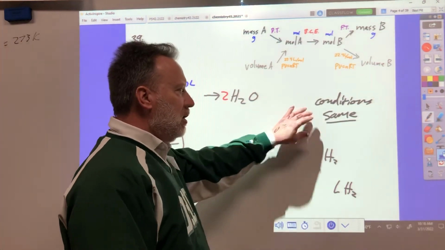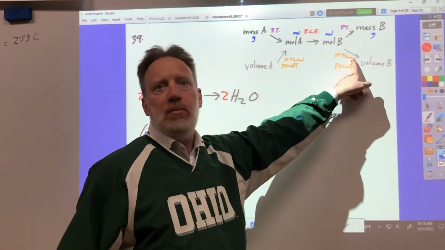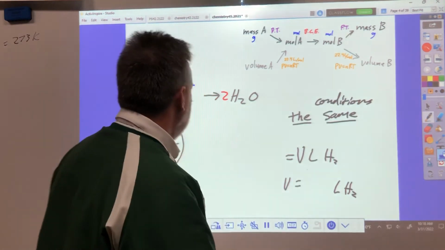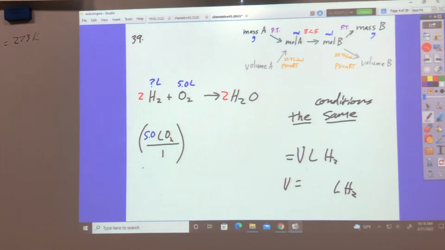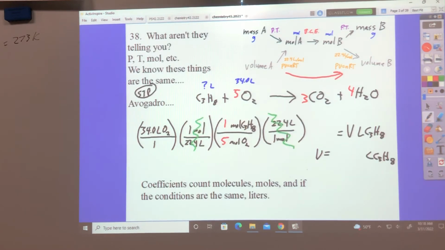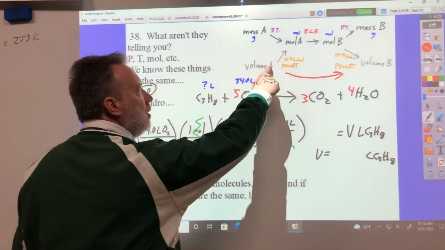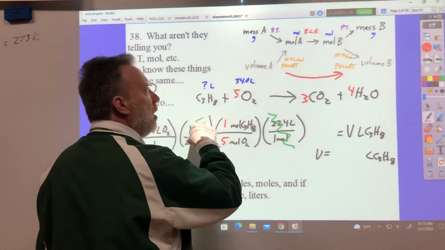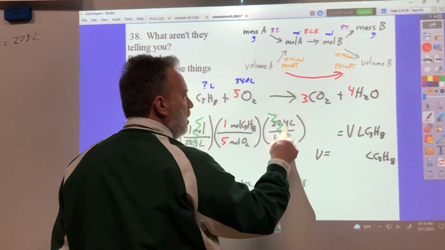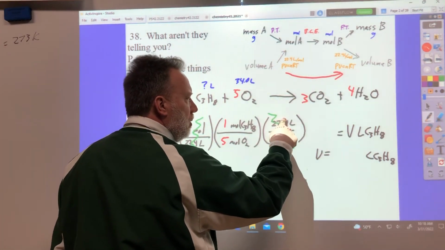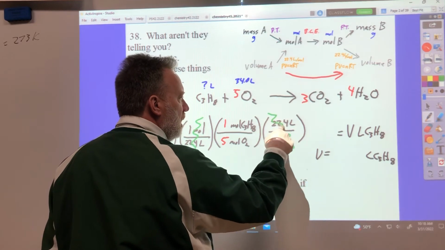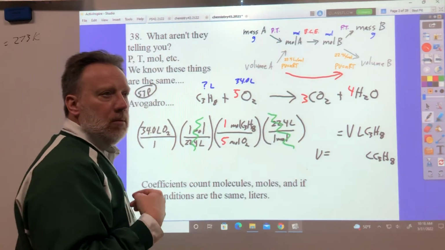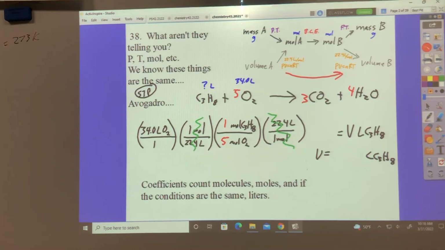But if the conditions are the same, I can just skip that step. The reason why: you're going to convert volume to moles, liters to moles, and then when you get over here, you're going to convert moles to liters. So they're opposites. It's just going to end up canceling. So I'm just going to go ahead and take it out this time.